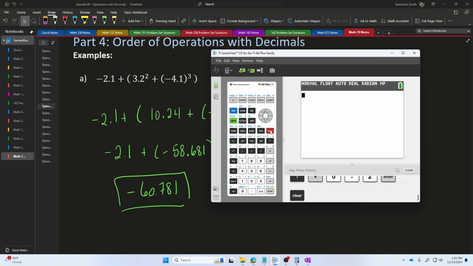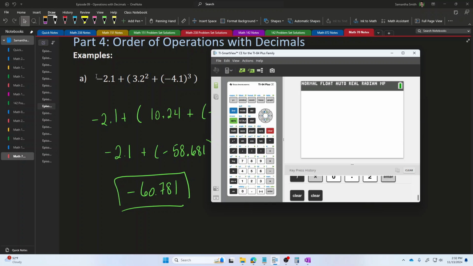Alternatively, if you have access to a graphing calculator, you can use the graphing calculator to help you with the calculations. And here you can enter in the expression basically exactly as it is written. The only thing that you have to be careful about is the difference between the make it negative symbol down here at the bottom right and the subtraction symbol here at the right side of the calculator.